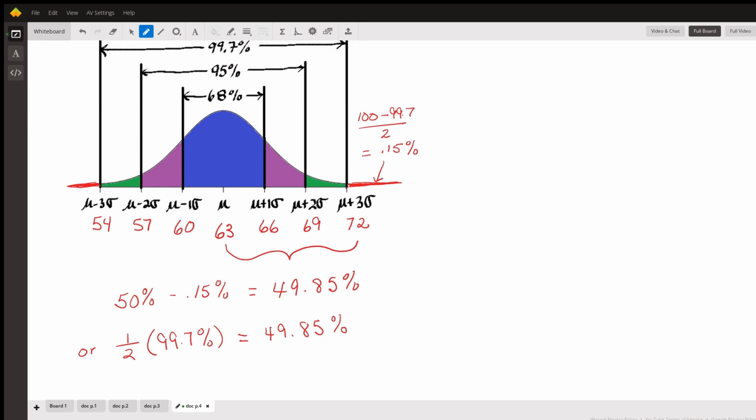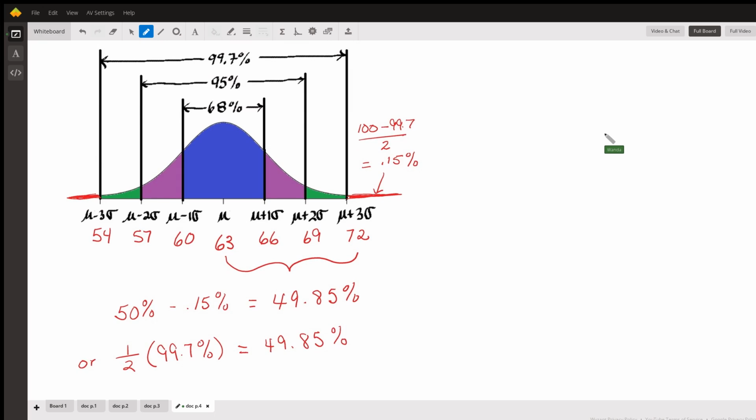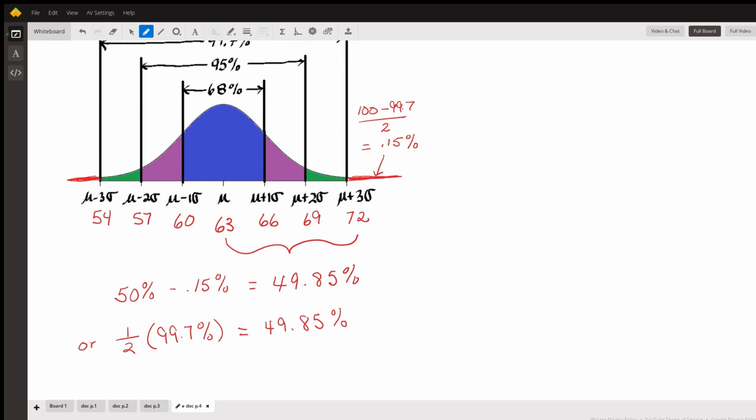But here's another way, just to help make sure that you understand how to figure things out. The 63 to 72, that's half of the whole distribution. 63 and above is 50%, because 63 is the mean. So it's 50% minus this little part over here, everything that is higher than 3 standard deviations.